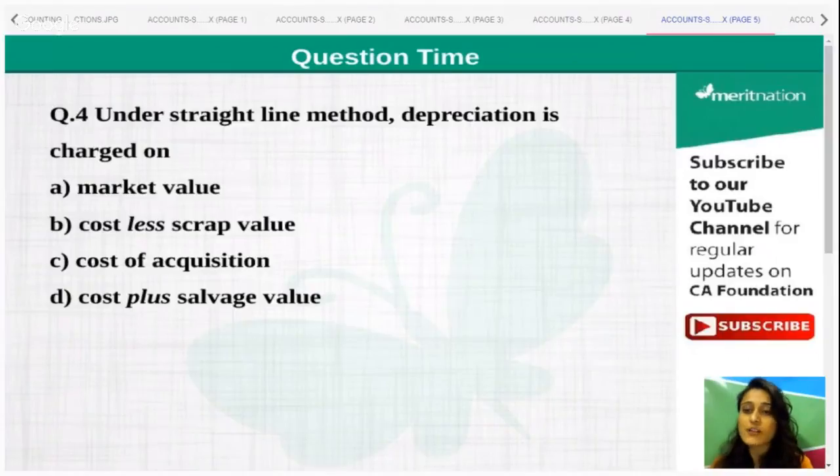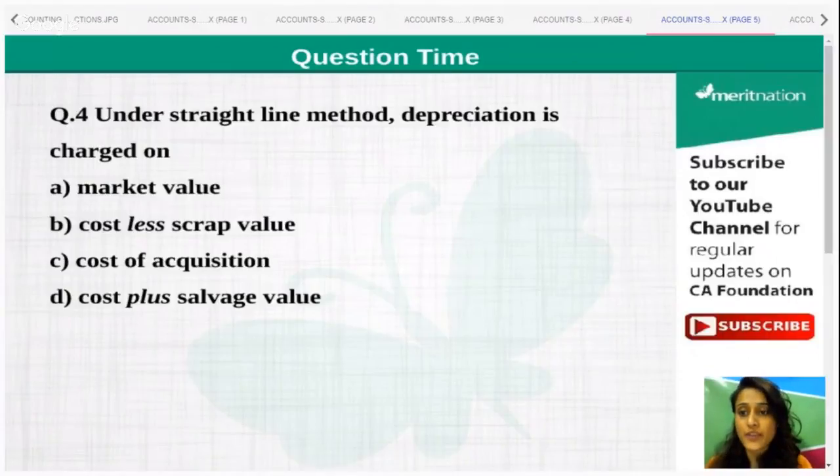Cost is, of course, the cost of acquisition, and you always subtract the scrap value because the purpose behind calculating depreciation is to distribute the cost over the useful life of the asset. Since scrap value is something that you realize in the end, it is not considered to be eligible to be a part of the cost, and that is why we subtract the scrap value from cost.